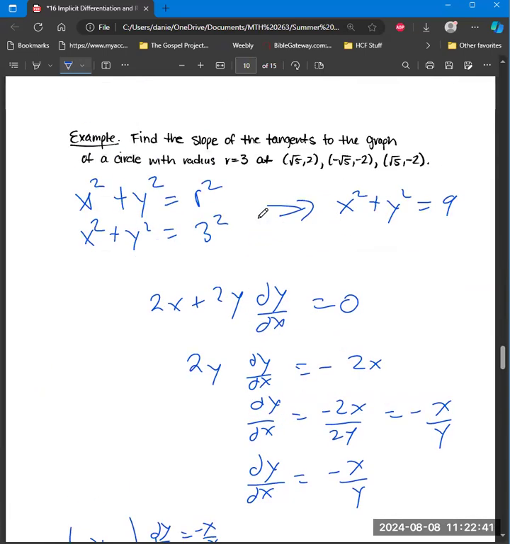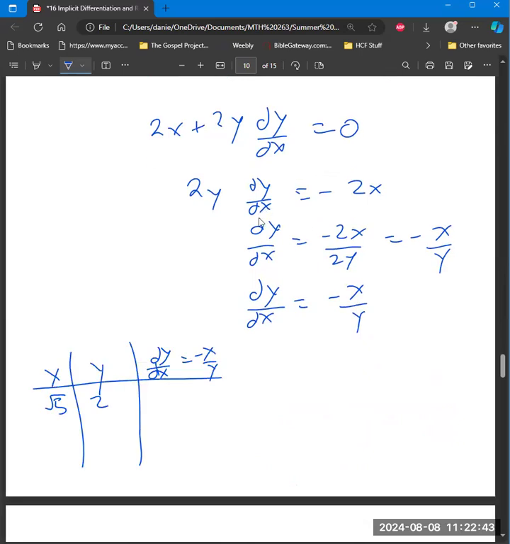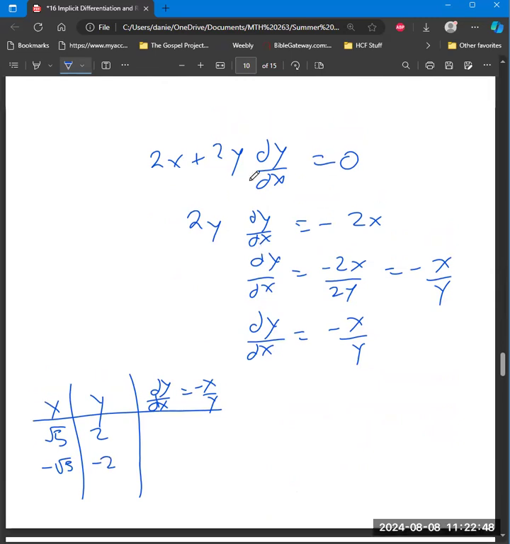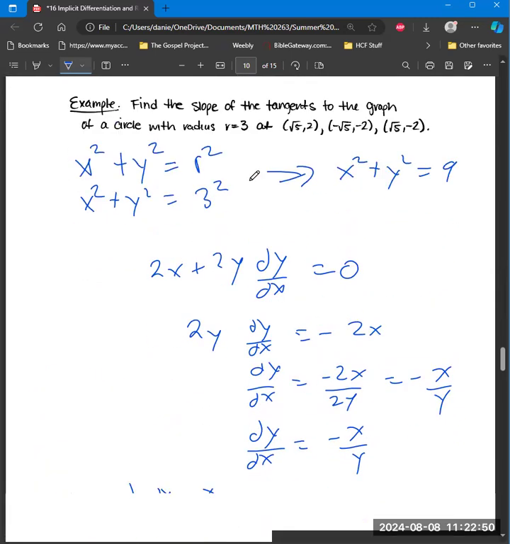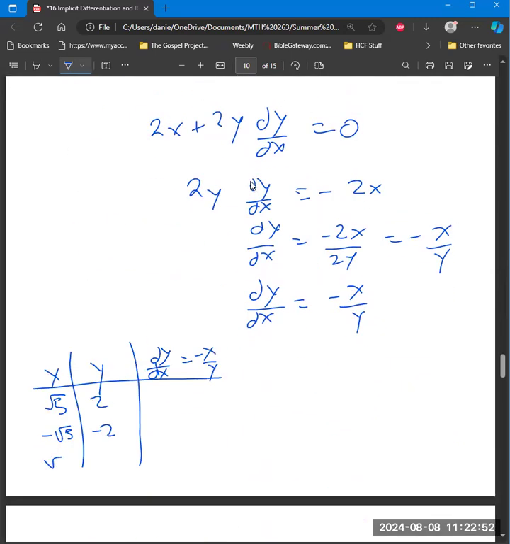And then it was negative root 5, negative 2. And then it was root 5, and -2. So the opposite of x divided by y, I'll give you a decimal approximation for that in a second.